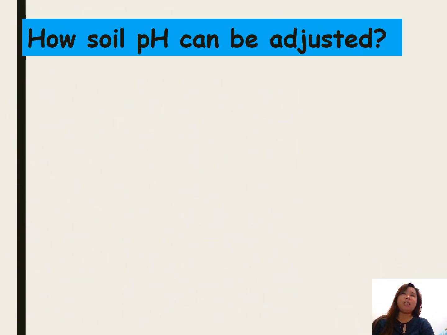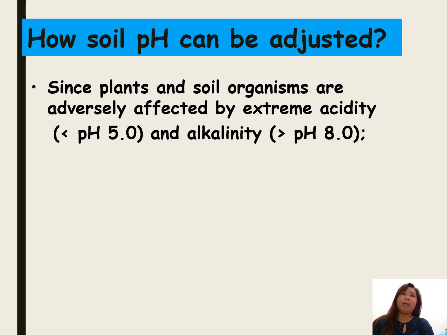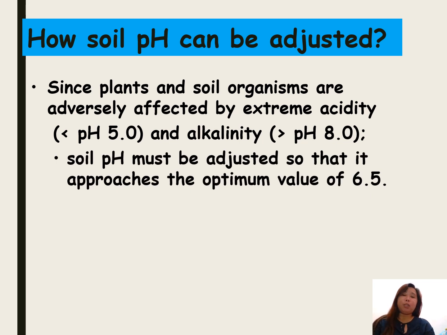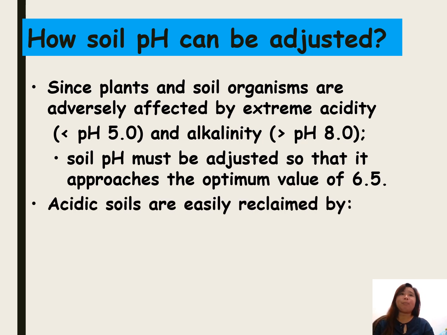Now, how can you adjust the soil pH? Since plants and soil organisms are adversely affected by extreme acidity, that is below pH 5, and alkalinity that is greater than pH 8, soil pH must be adjusted so that it approaches the optimum value of 6.5.